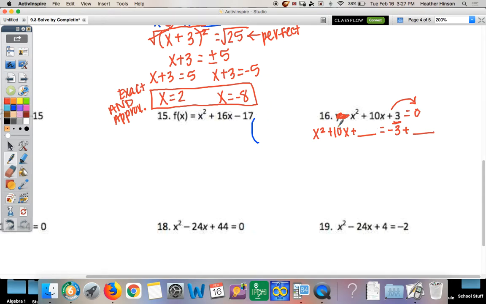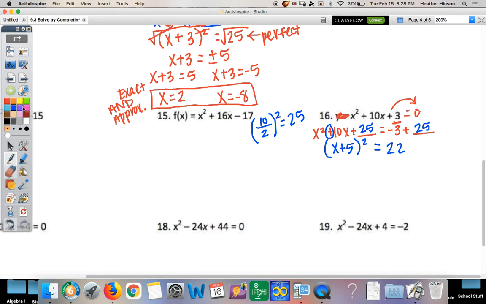We're going to do our B divided by 2 squared. So 10 divided by 2 is 5. 5 squared is 25. That goes in your blanks. Then we factor. So x plus 10 divided by 2, which is 5. And then over here, negative 3 plus 25 is 22.